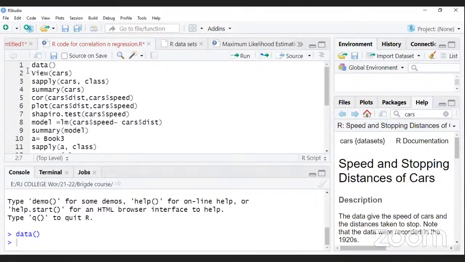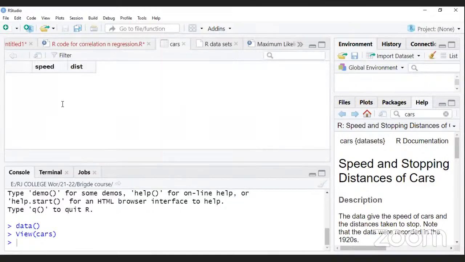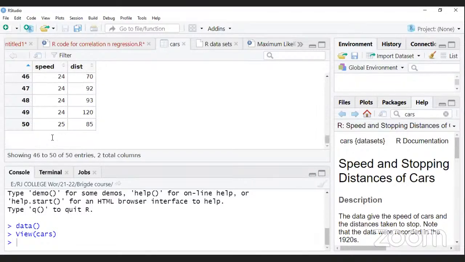I have to write the command View, and make sure the V is capital. Type your data set name, which is cars, and run this. Automatically a new tab will open, and you can observe the data, speed and distance. You can observe there are 50 observations and 2 variables.